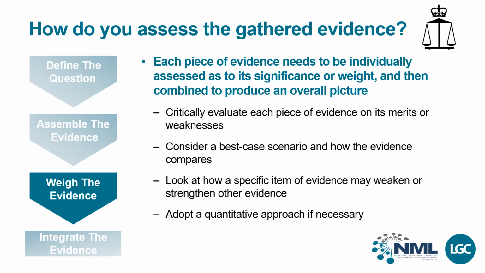The other may have generic accreditation, conduct similar tests but not the specific one in question, and has limited or an out-of-date history in external performance testing for the test. Clearly, the significance or weight given to the first result will be greater than that of the second. Consideration must also be given for how some evidence may weaken or strengthen other evidence.